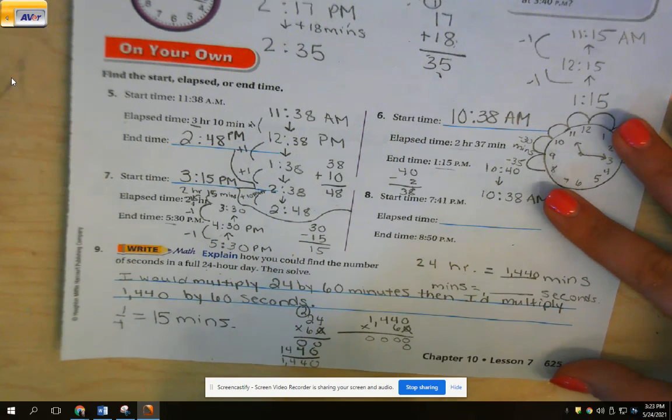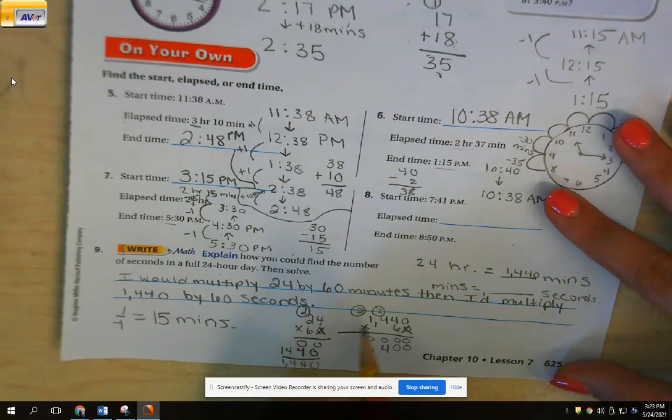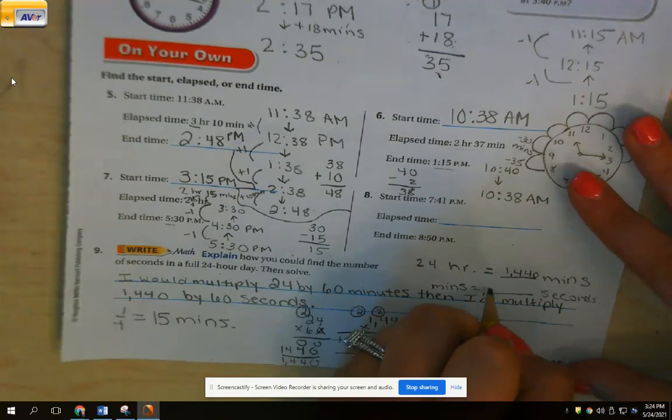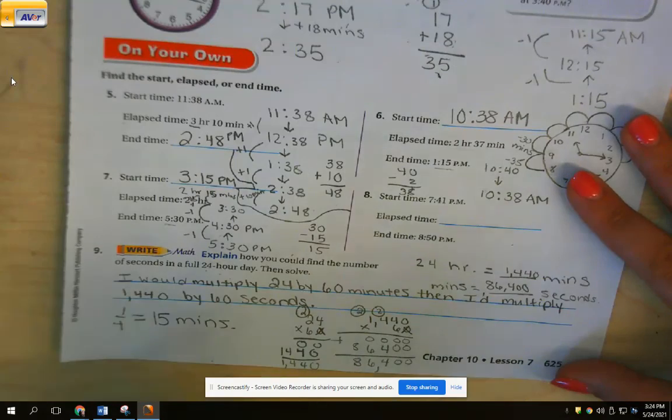Add our placeholder. 6 times 0 is 0. 6 times 4 is 24. 6 times 4 is 24, plus 2 more, 26. 6 times 1 is 6, plus 2 more is 8. Whew! So there are 86,400 seconds in one 24-hour day. Wow.